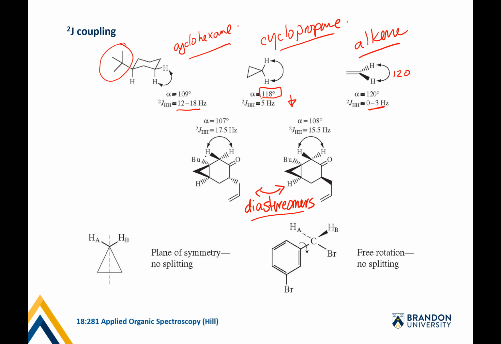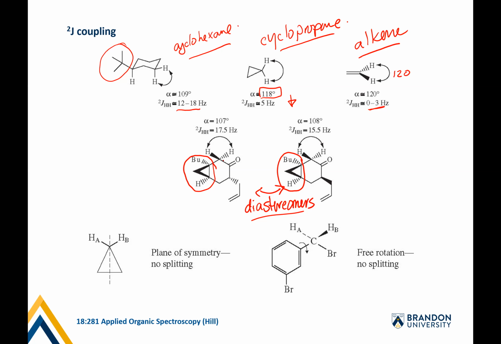Because this part of the molecule would have been fixed, and they were trying to figure out, okay, well, do I have the allyl group up or the allyl group down? And they were using NMR to determine which one it was. And they're basing it upon these two protons. So they would have had to do a couple of things here.